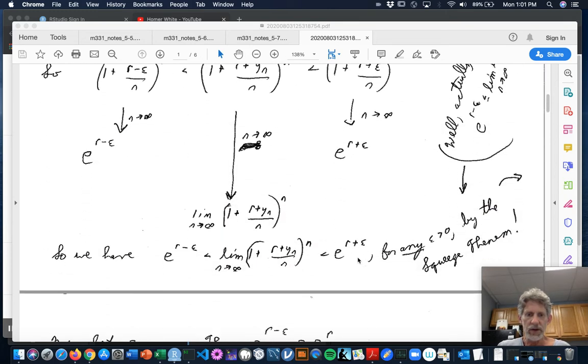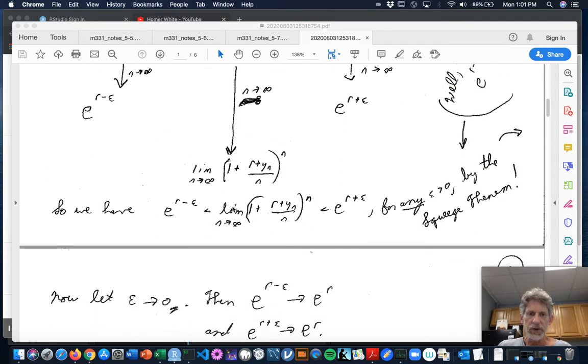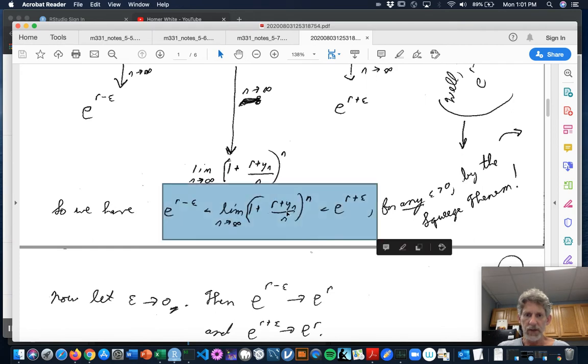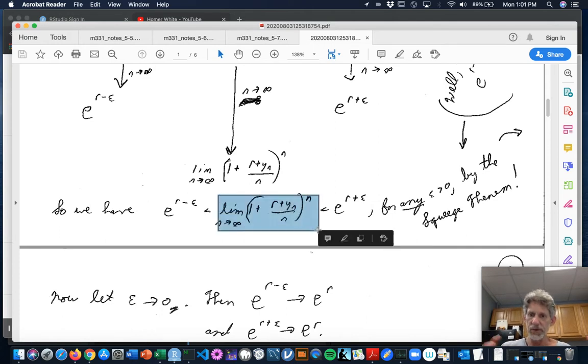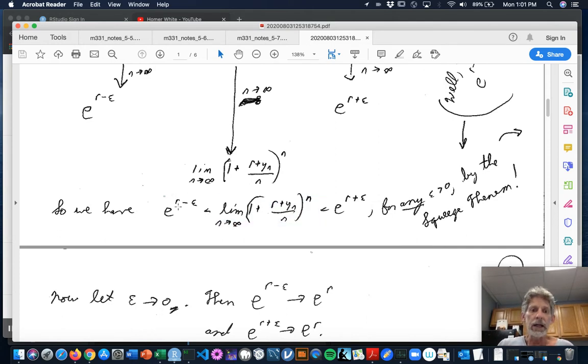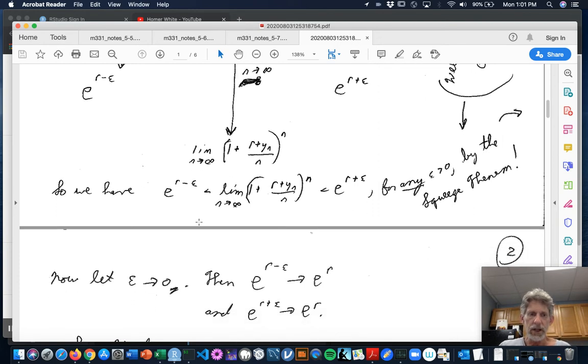Okay, so remember, this is good for any epsilon, okay? And so we've got this limit here, or if you like, lim inf and lim sup stuck in between. And it's stuck in between here and here, no matter what epsilon is, right? And so let's let epsilon go to 0. No matter how close it gets to 0, the limit is stuck in between these two numbers, but this would be going to e to the r, right?